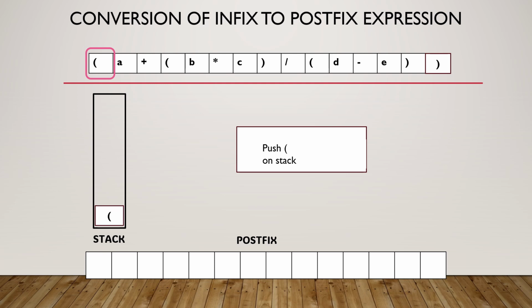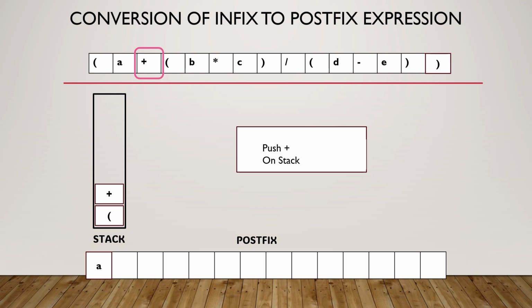So the bracket is pushed on the stack, and the next one, a, is not an operator, so it directly goes to the postfix expression. The next is the plus operator. Here the plus operator is directly pushed on the stack.